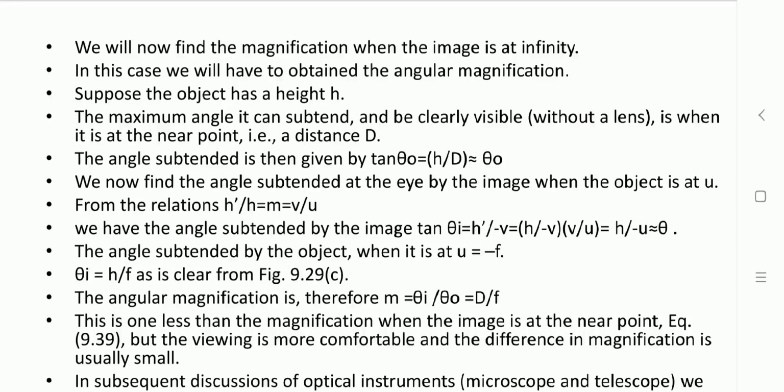Now the object is at distance u and the image is at distance v. So h dash by h equals m equals v by u.